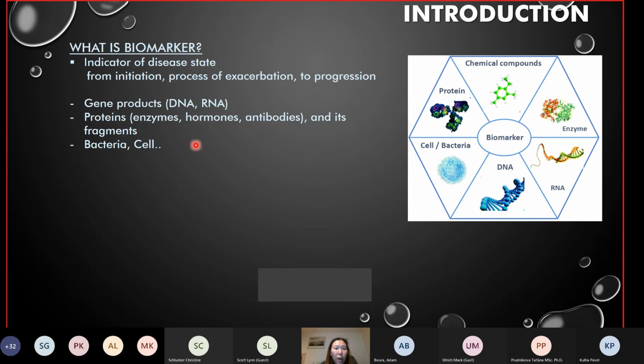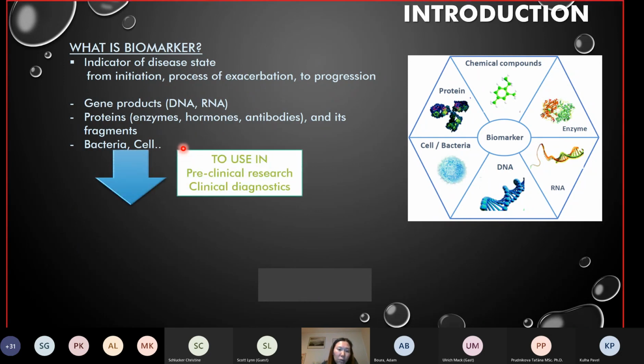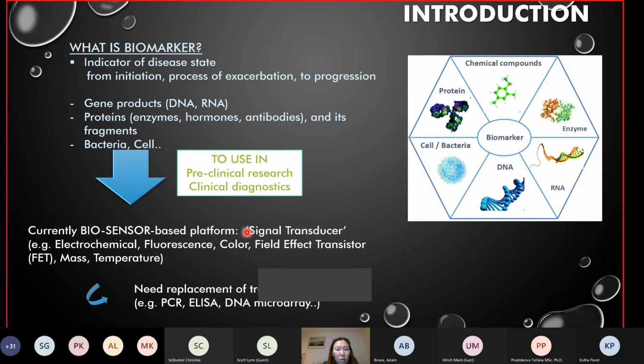So there is now a lot of interest in the field in how we detect those biomarkers. To use a biomarker in clinical diagnostics or preclinical research, we have to use a signal transducer. To detect it, we need a signal, either electrochemical, fluorescence, color, FET or mass, temperature. Many things can be used to get the signal on our sensor surface.